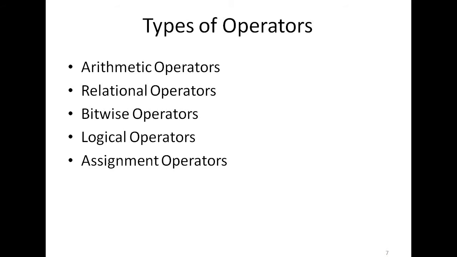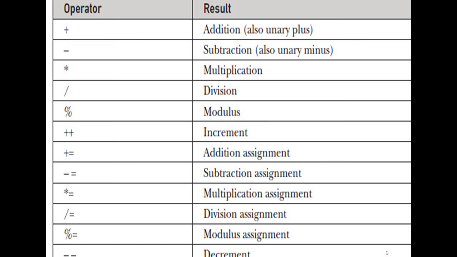Operators. Arithmetic operators, relational operators, bitwise operators, logical operators and assignment operators. The arithmetic operators are the usual mathematical operators that you have. In addition, you have the increment, the addition assignment, subtraction assignment, multiplication assignment, division assignment, modulus assignment and decrement operators.